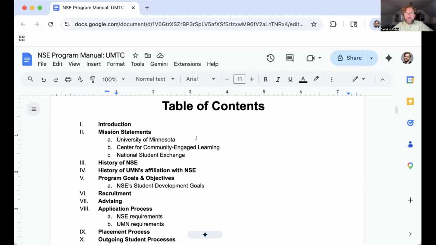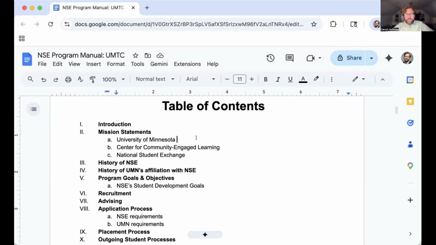It also made me think that I need to do a better job of making the case for why NSE matters at the University of Minnesota. I get it. My boss, who just resigned, really gets it. I have a lot of key stakeholders and key contacts across the university that really get it as well. But I want to put in writing why NSE matters.